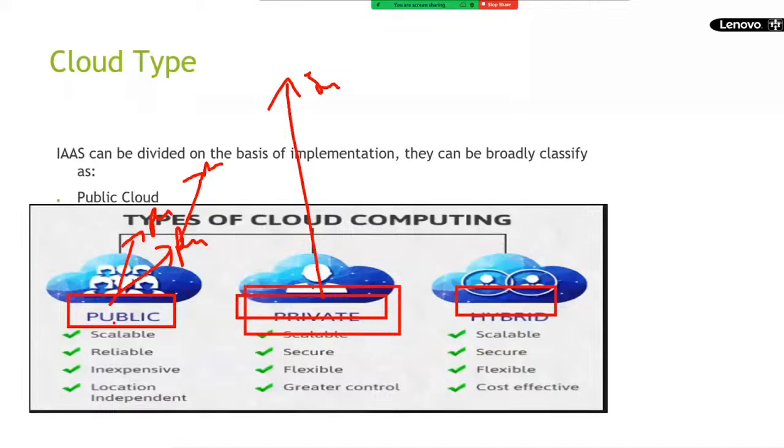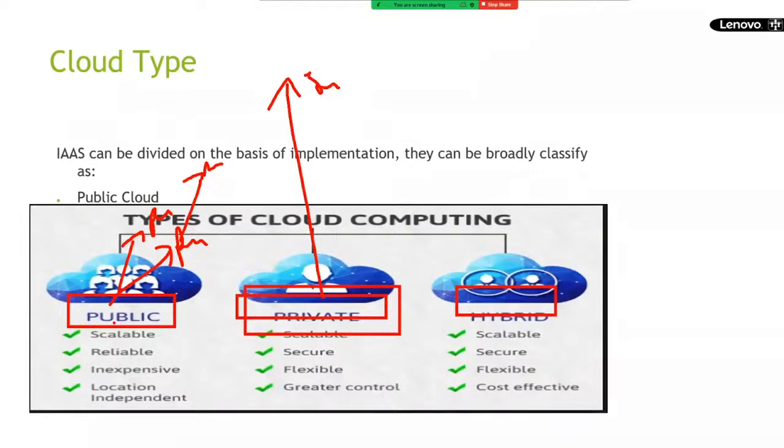For example, you go to the TCS office and connect to the TCS network. While you are in TCS premises, you are able to access all the information. Once you come out of that network, you will not be able to access anything, right? That is private.